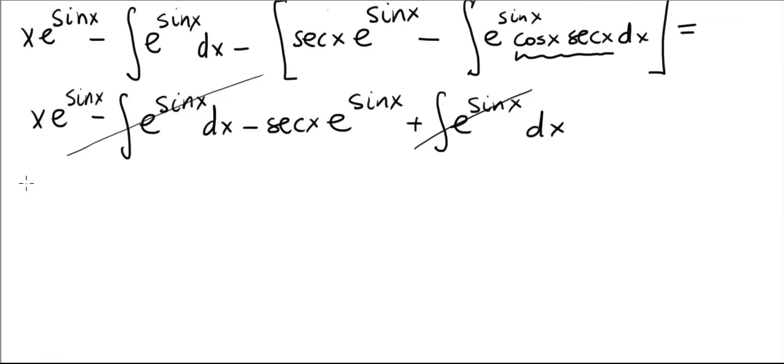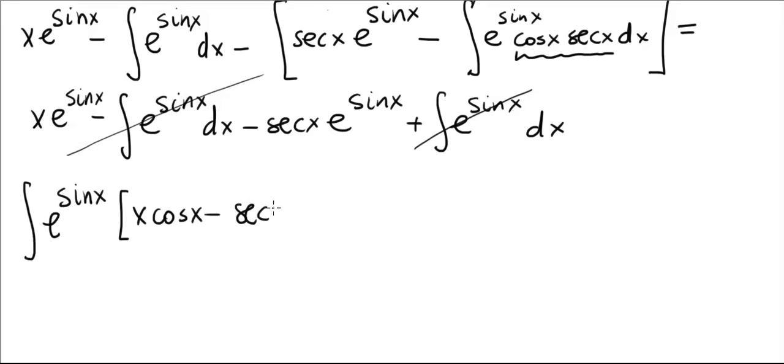So to summarize, the fairly complicated integral of e to the sine x times (x cosine x minus secant x tangent x) dx is now solved.